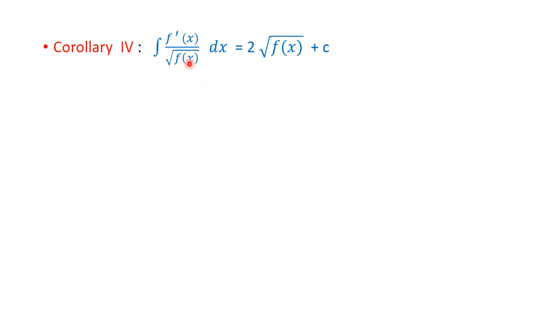Again make a substitution: put t is equal to fx, then you will have integration of dt by root t, and then taking its integration you will have the result 2 root fx plus c. So try to prove it.